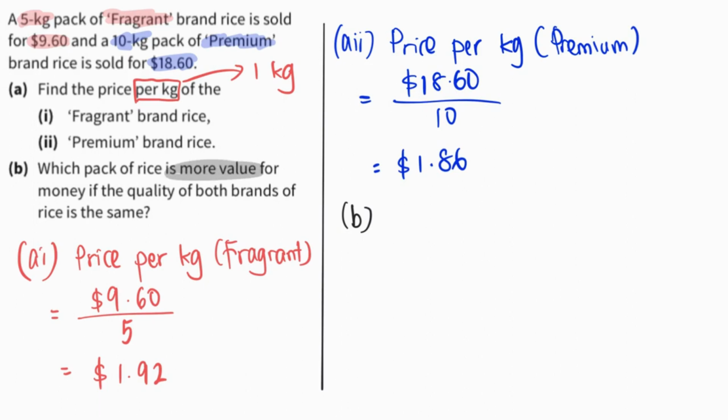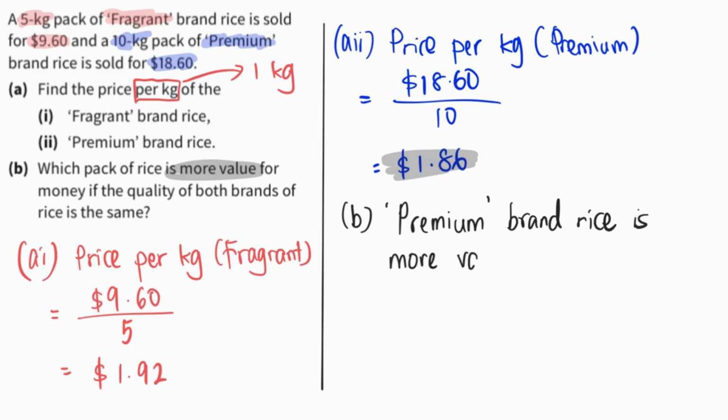If the quality of the rice is the same, then at this point, which one is cheaper? Yes, the premium brand is cheaper, and therefore to answer this question, premium brand rice is more value for money.